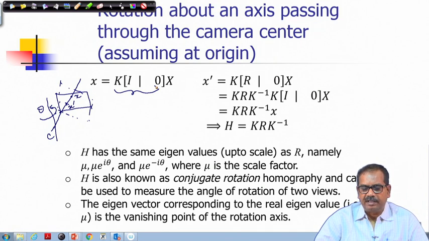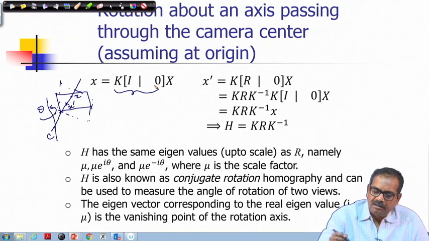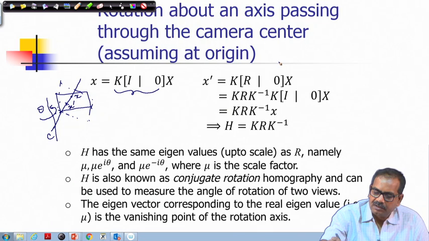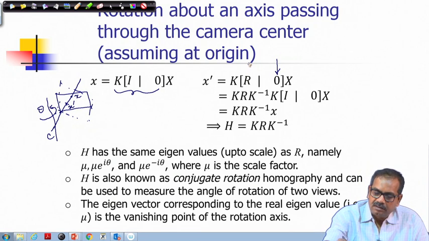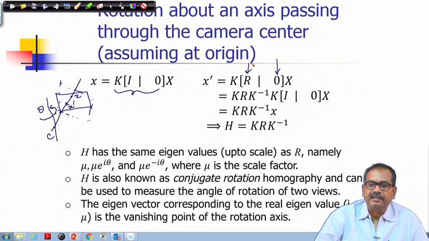So, this is the projection matrix that we get, and when we rotate this camera everything remains the same. The translation of origin is 0 because there is no translation of origin in that case, and that is reflected by this 0 column vector, but it has the rotation matrix.